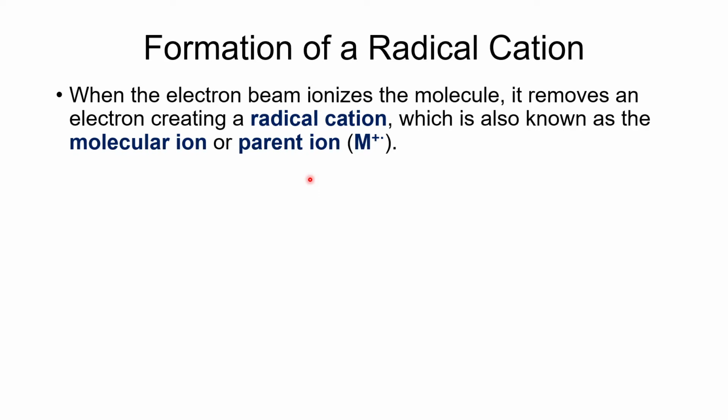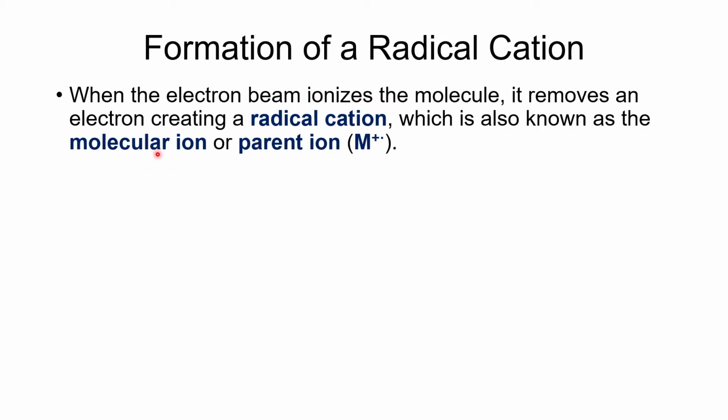If that molecule had full octets on everything, and you remove one electron, that means something is not going to have a full octet. It'll have a lone electron, and so it will be a radical. And because it was neutrally charged to begin with, it will become a cation. So we generate what is called a radical cation. And this is what's known as the molecular ion.